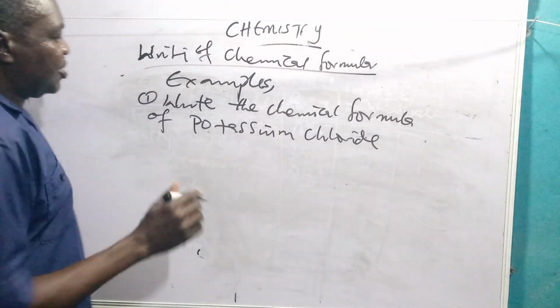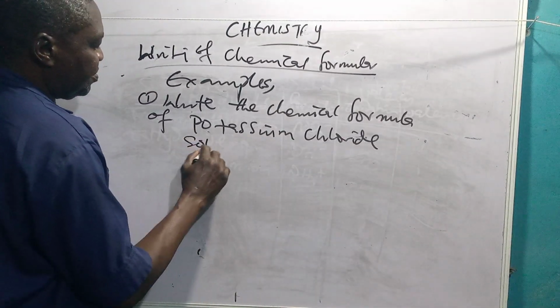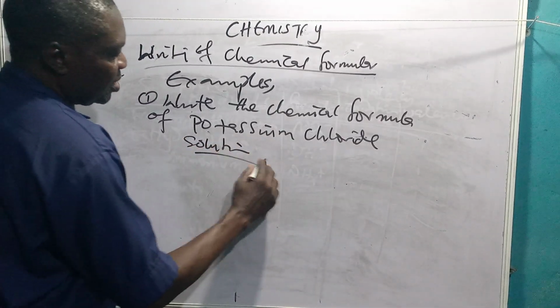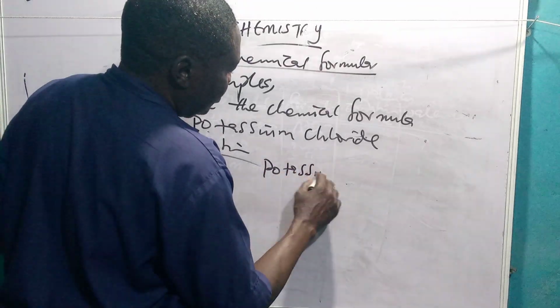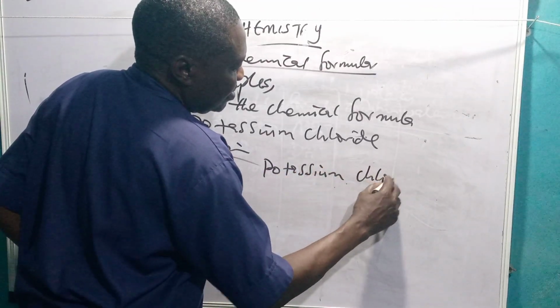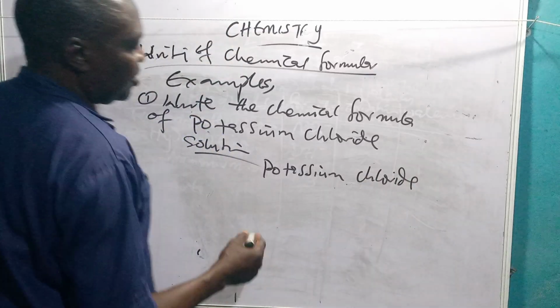We just touch some examples. We say solution: potassium chloride. We do about 2 or 3 examples.